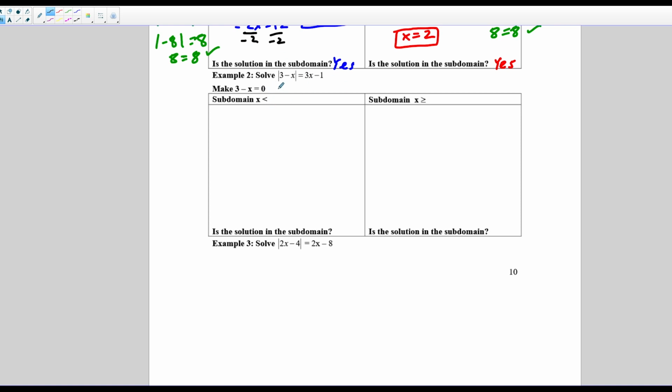Let's find out our boundaries for our subdomains. We're going to make the inside of our absolute value function equal to 0. So 3 minus x is equal to 0. So we get x is equal to 3. So we're going to have two parts here. Looking at our graph, this is why I like to go with my original method here.